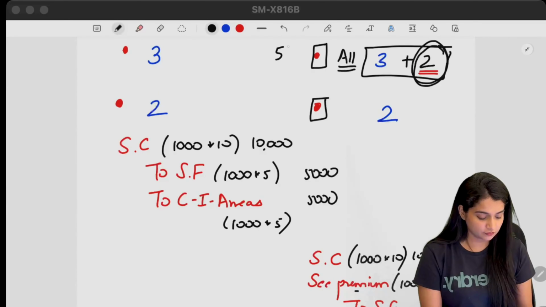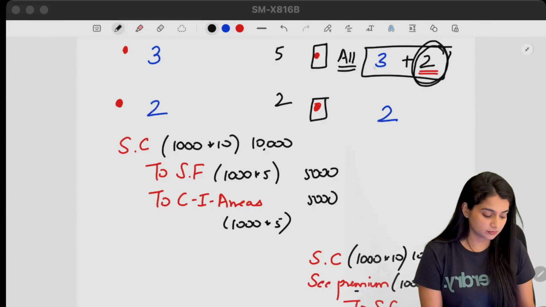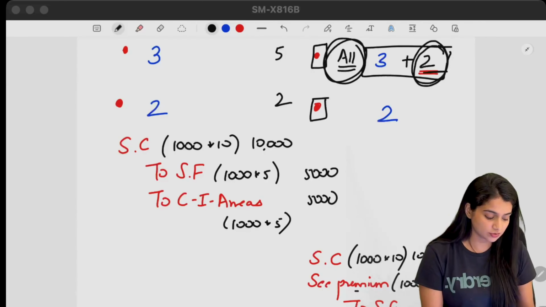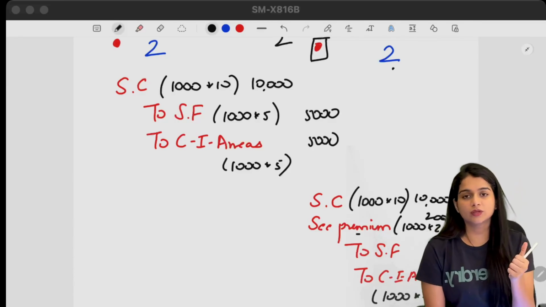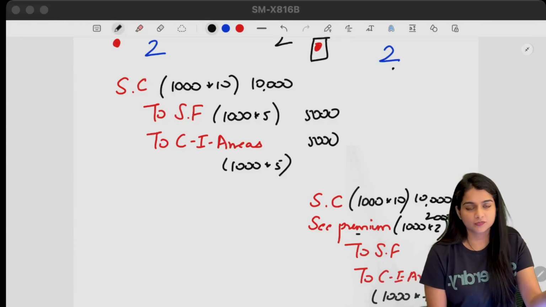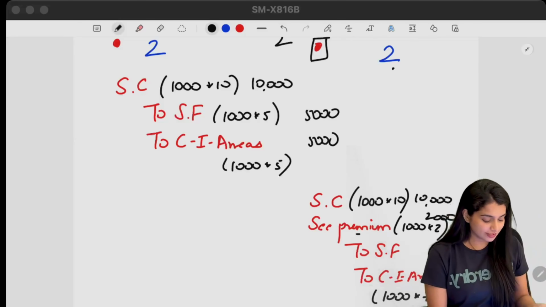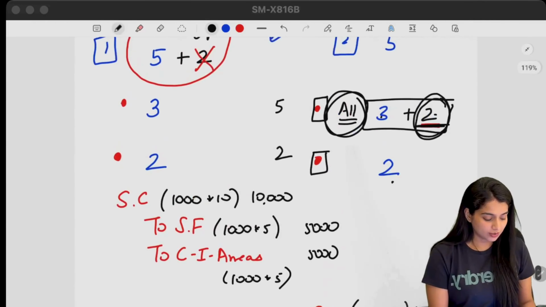That means 5 and 2. Do you agree? Because allotment also has premium now. So 3 plus 2 plus 2, that is 7. So this is 1000 into 7, 7000, and share forfeiture will have 5000. How did I get 5000? One way of doing it is the balancing figure. The other way is to just find out how much the person has paid: 1000 into 5.